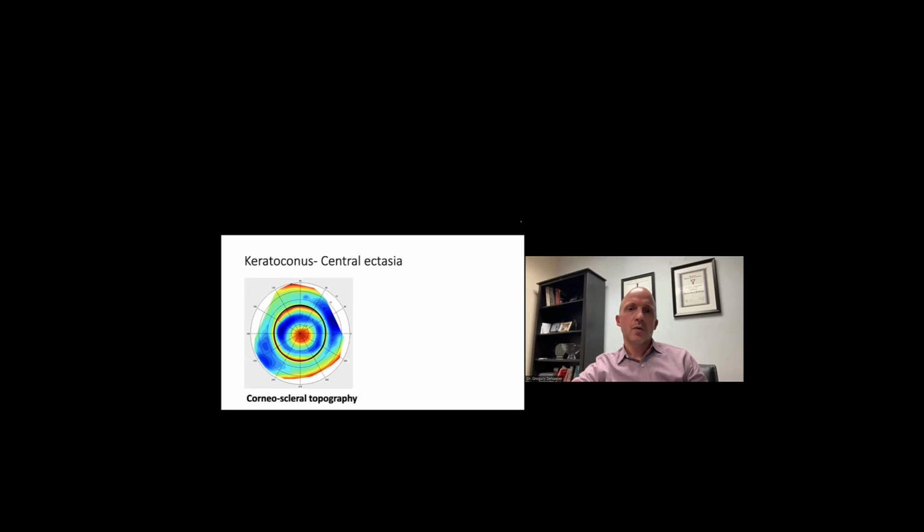And so what we really see here is scleral toricity, and it is oblique in nature, and the steep quadrant is at that 30-degree axis. And in fact, because we use corneal scleral topography, we can actually measure the specific amount of toricity, which for this patient is 286 microns.